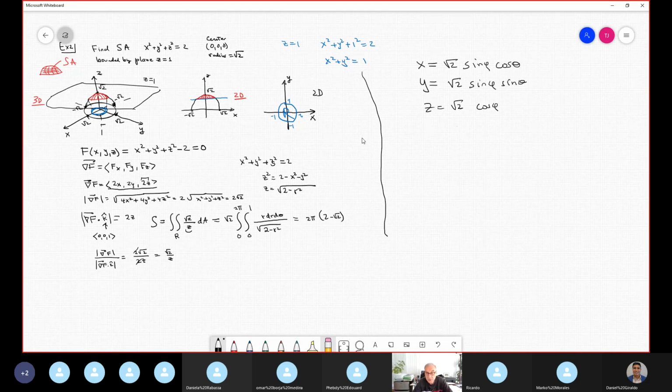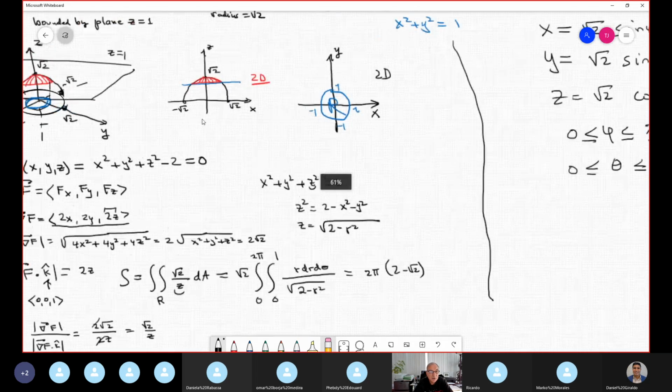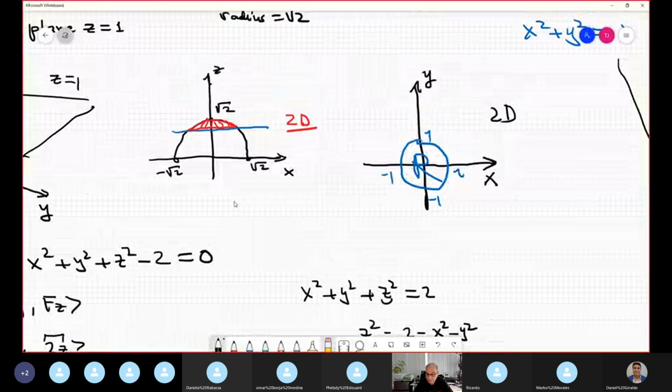This is the range. The interval of phi is from 0 to, I don't know. And theta I know. It's 0 to 2 pi because it's completely around. But to determine phi, I come back to this view and look. I need to find this angle. Remember, phi is this angle.